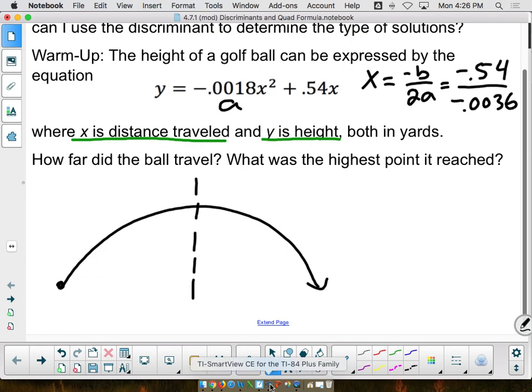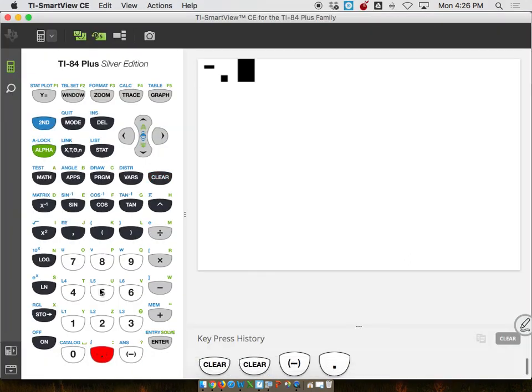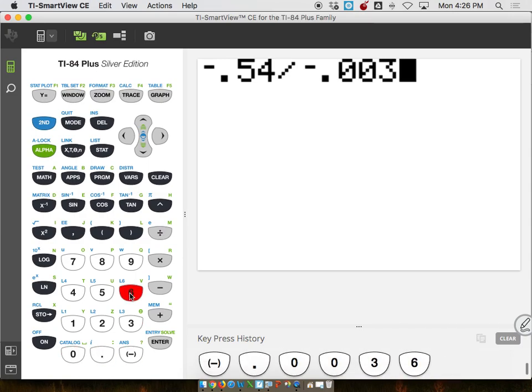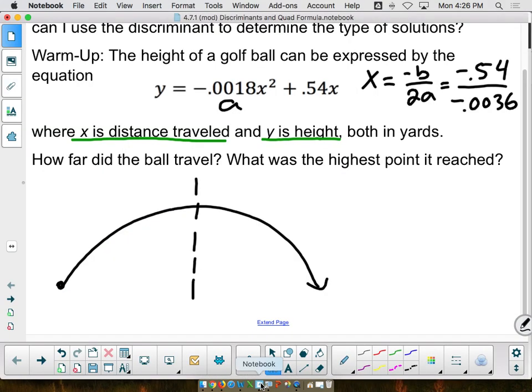We type that into the calculator: -0.54 divided by -0.0036 gives me an answer of 150. Now here's what's tricky.